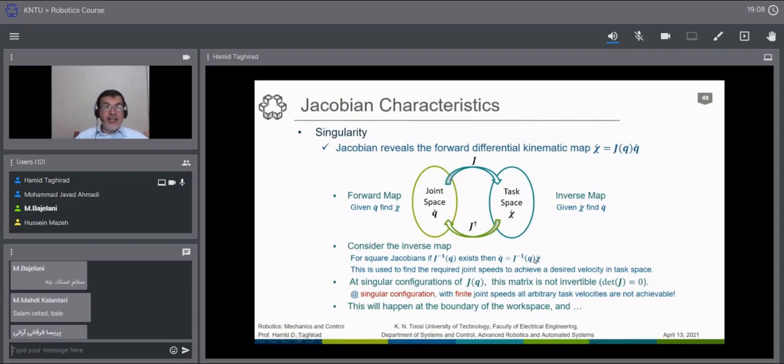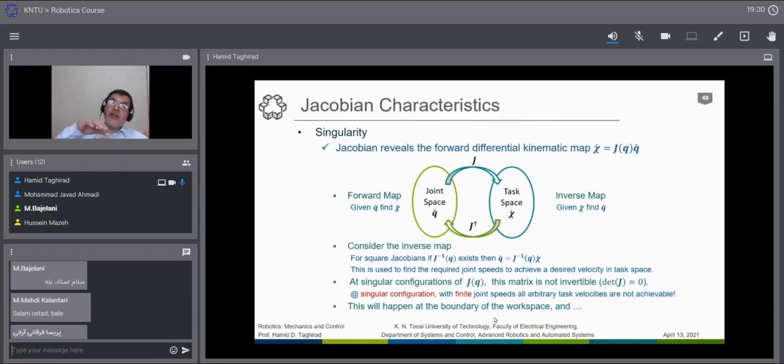And when does this happen? This is also very important. We can see that it happens at the boundary of the workspace. This is a very good connection from the previous chapter to this chapter.